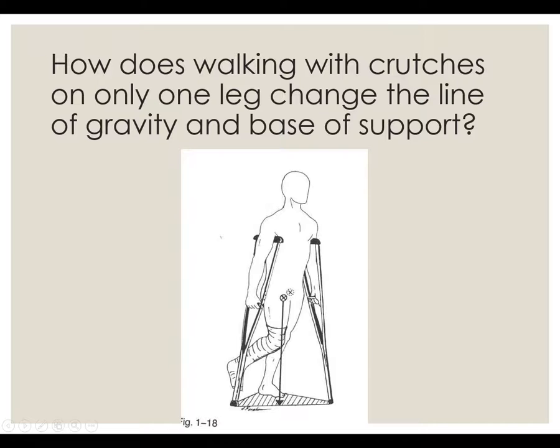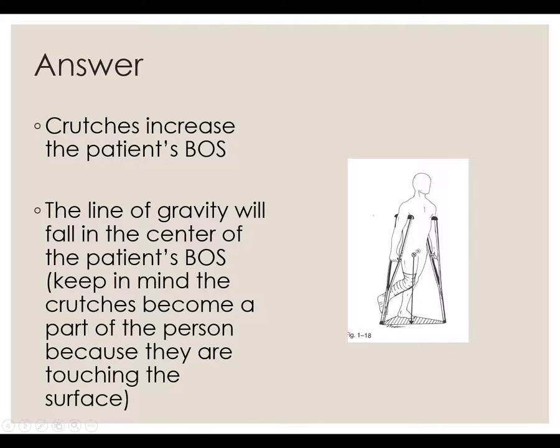Okay? So the crutches will increase the patient's base of support here. The line of gravity will fall in the center of the patient's base of support. Keep in mind the crutches do become a part of the person because they are touching the surface. They're touching the ground and making contact, and they're still touching you.